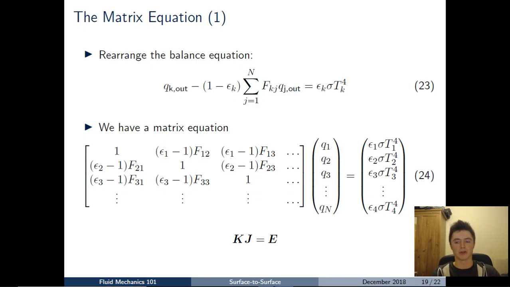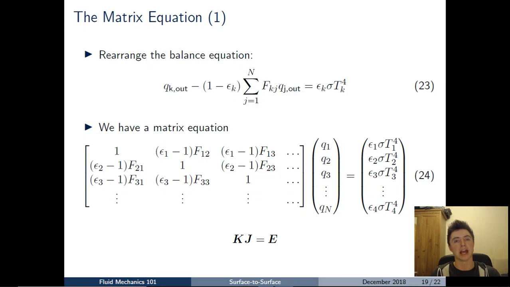In simplified matrix form you may see it written as in equation 25: K being the matrix of coefficients, J being the radiosity vector, that's our unknowns, our vector of heat fluxes, and the right hand side being the emissive power E. Before carrying on, it's worth noting that that matrix of coefficients K on the left hand side, we have all of that information.